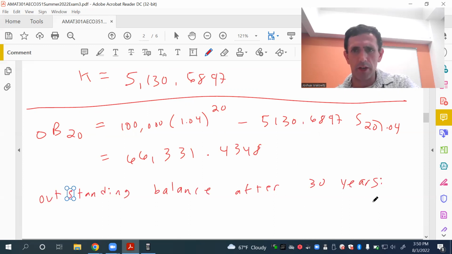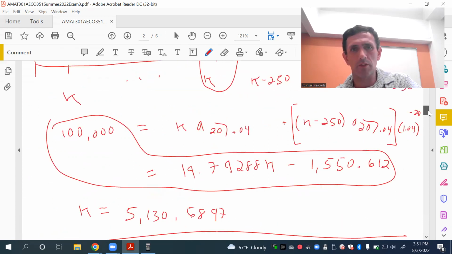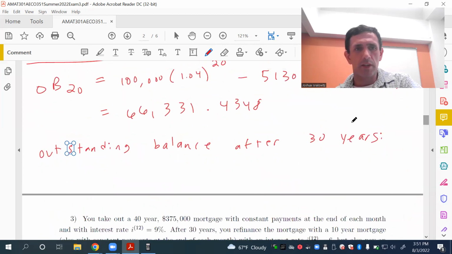So for this new loan, we do have constant payment and constant interest. Constant payment is this K here minus 250. I think I said 500 before. It's minus 250.